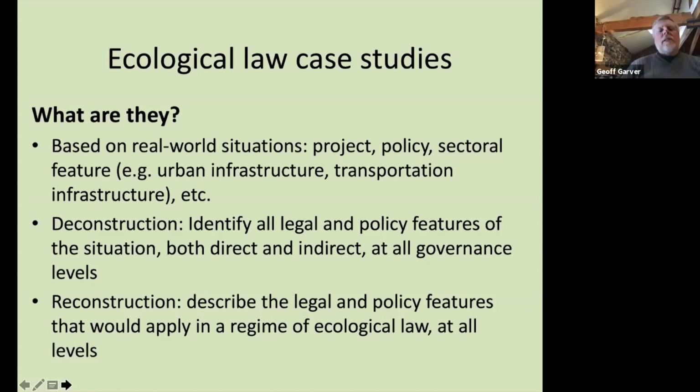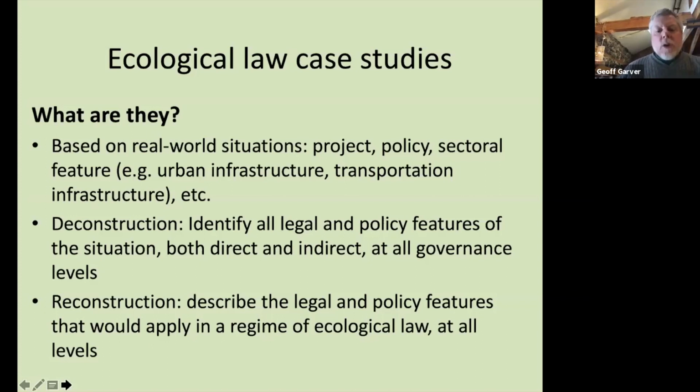And the basic idea is to take one of these situations and then deconstruct it by identifying all the legal and policy features of that situation that apply both directly and indirectly and at all governance levels. So a kind of brainstorm and really trying to think outside of the box as much as possible about what is the legal and policy infrastructure that's behind this particular situation in the real world.